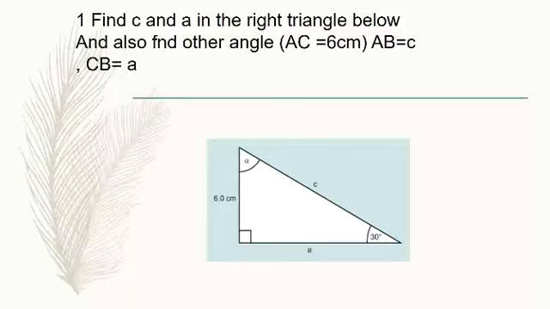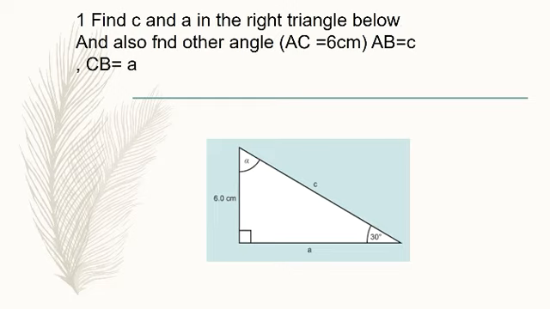So now let us study some application problems. Here in the problem it is given like this: find C and A in the right angle below, and also find other angles.